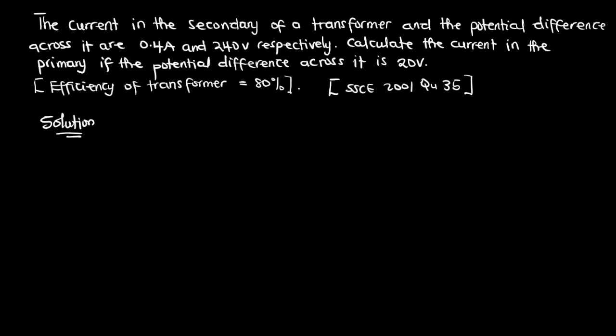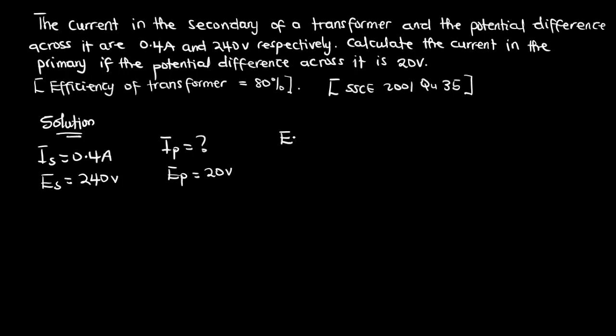So let's first of all write down our parameters. They say the current in the secondary of a transformer and the potential difference across it are this and this. So it means the current in the secondary IS is 0.4 amperes, and then the voltage in the secondary ES is also equal to 240 volts. Are we okay? We have to calculate the current in the primary, so IP is unknown, if the potential difference EP is equal to 20 volts.